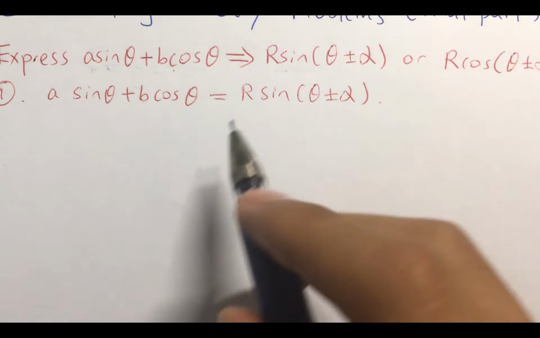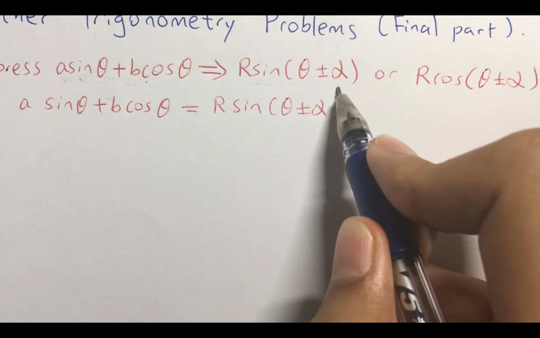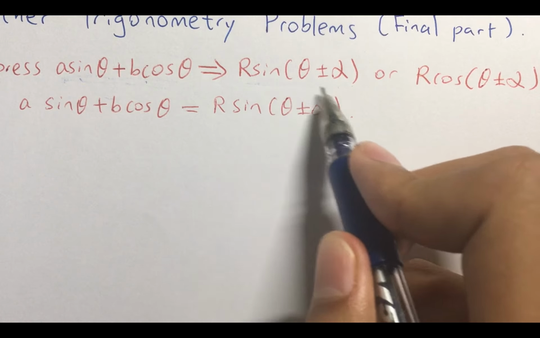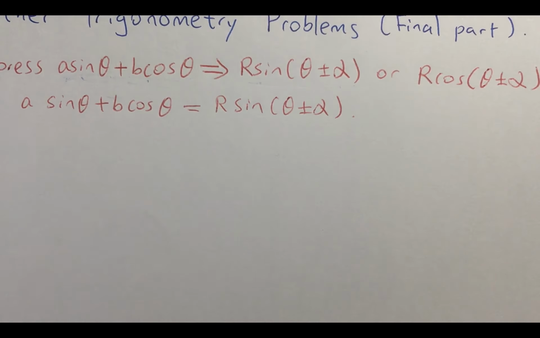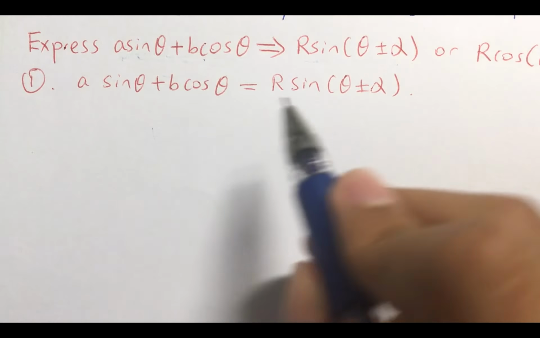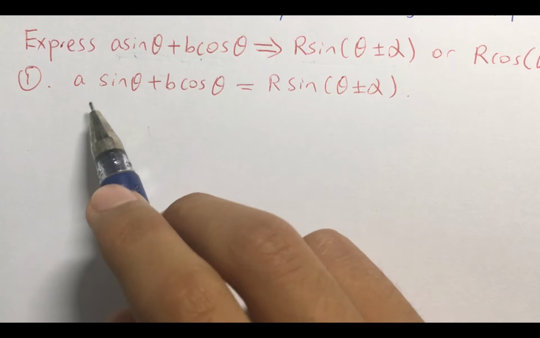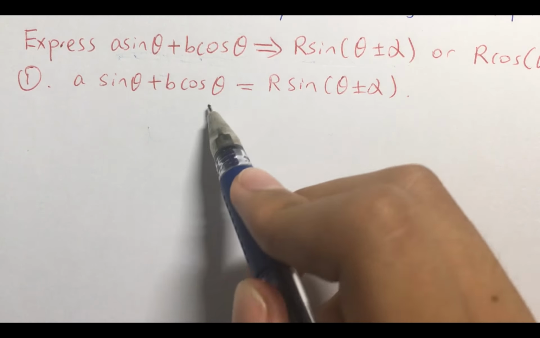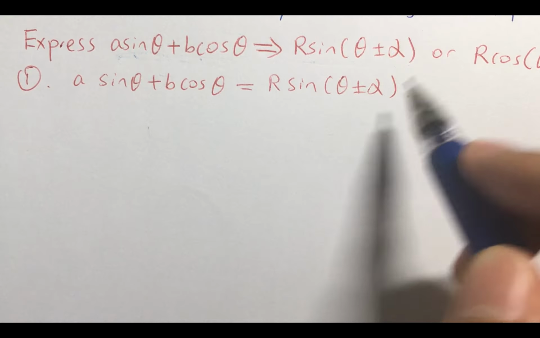Firstly, we don't know the value of r and the value of alpha. These two symbols have fixed values, so let's find out what they are. Let's start from a sine theta plus b cosine theta equals r sine of theta plus or minus alpha.